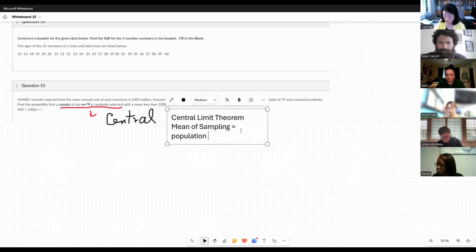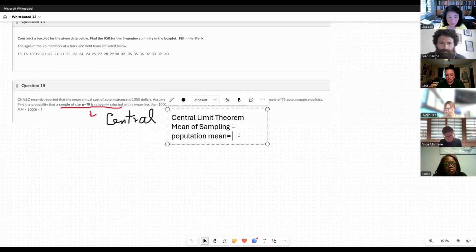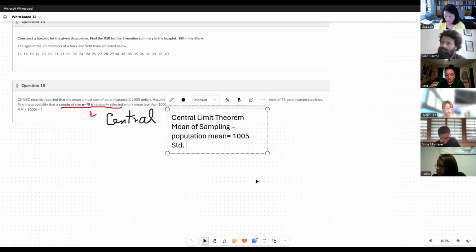That is given: the recent mean annual cost of auto insurance is 1,005. So that's the one, 1,005, that we copy over for the mean. And the standard deviation is the key. You need to do an adjustment. Standard deviation of sampling.